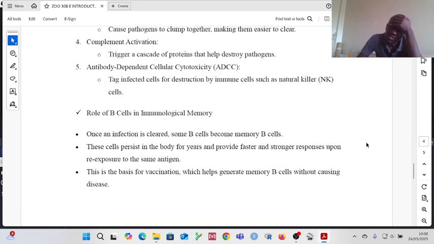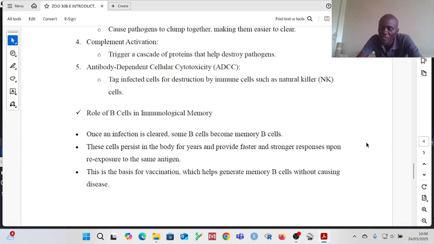We've talked about immunologic memory now for some time, and the role of B cells with respect to the immunologic memory is that once an infection is cleared, not all B cells resolve. Some of them change and they become memory B cells.